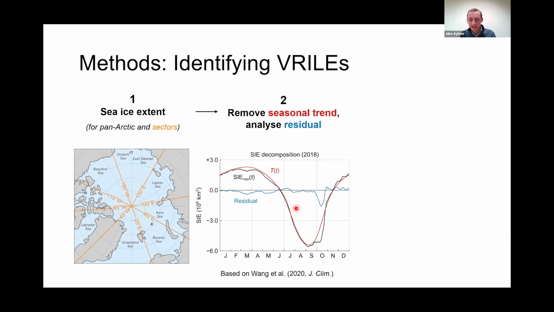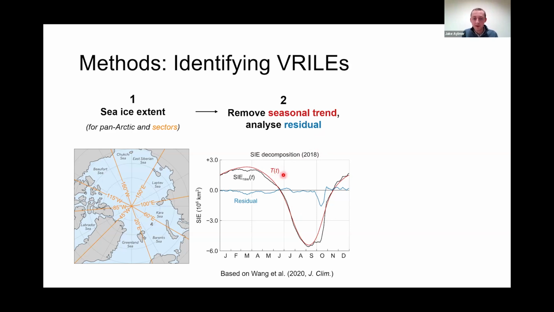So we don't want to capture that. We just want to look at the deviations with respect to what you would typically expect the sea ice to be doing for the time of year and location being analysed. So that's the idea behind this. We define a trend for each day of the year and remove that from our data.